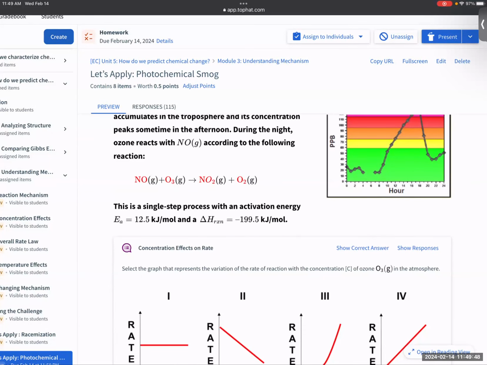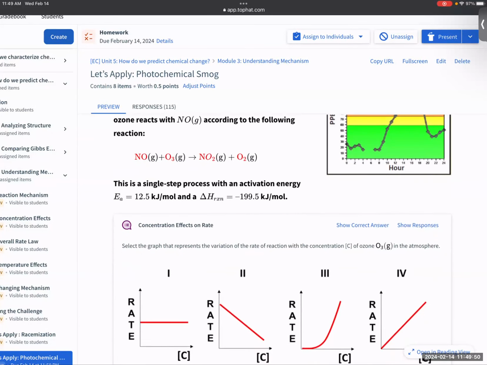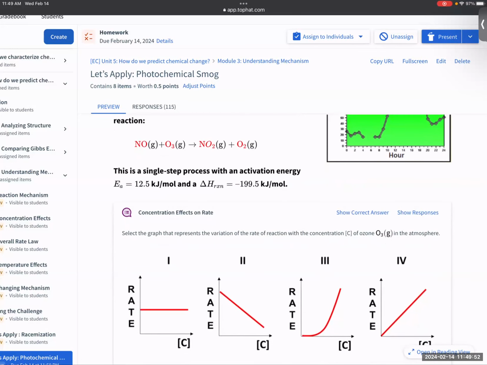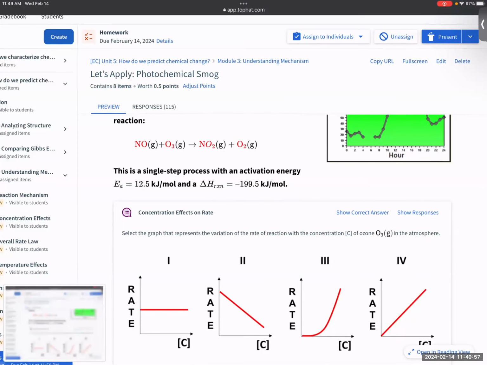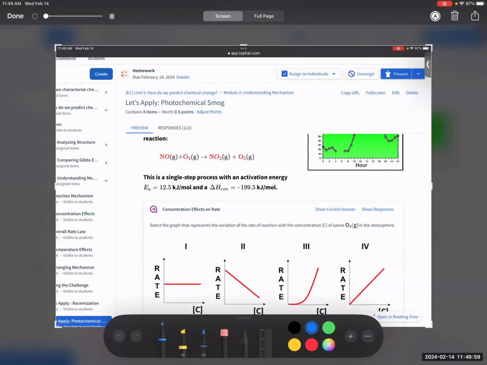Now let's do that over here. I'm going to take a picture so that I can write on it. Single step. Therefore, if you write the rate law for single step processes, it's like an elementary step. Rate law must be k times O3.